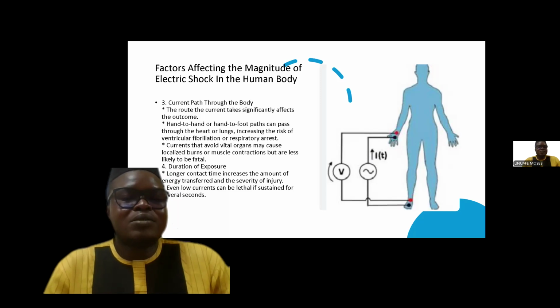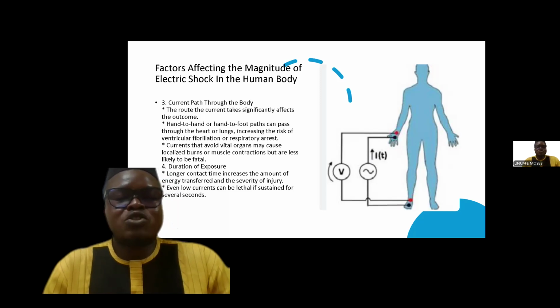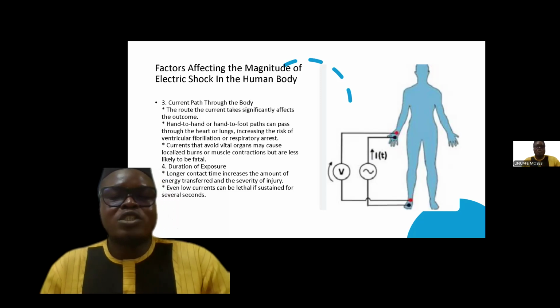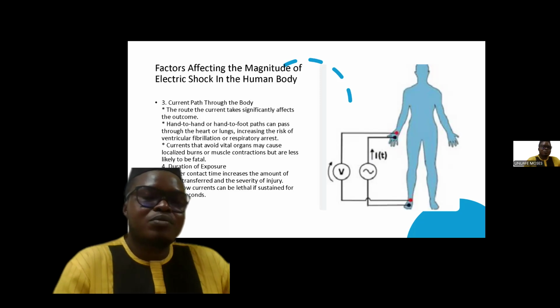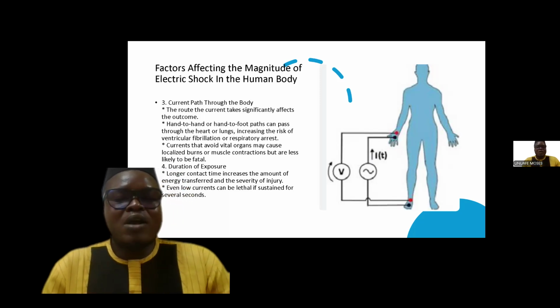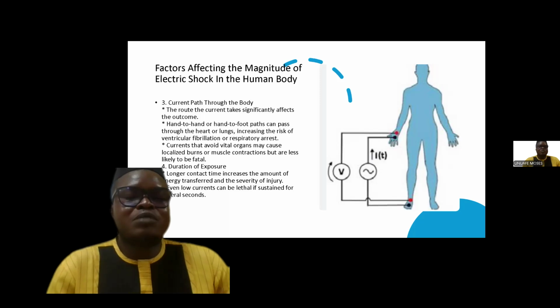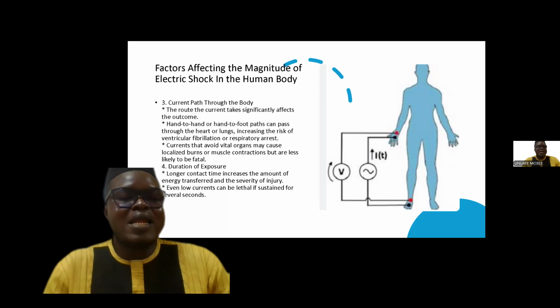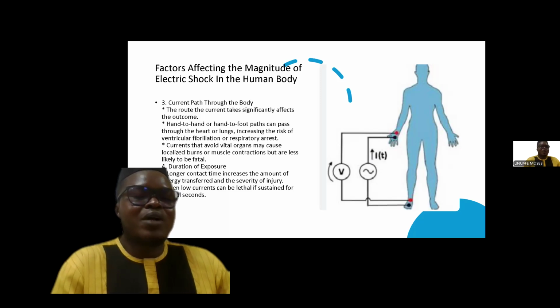A hand-to-hand or hand-to-foot path can pass through the heart or lungs, increasing the risk of ventricular fibrillation or respiratory arrest. A current that avoids vital organs may cause a localized burn or muscular contraction, but is less likely to be fatal.